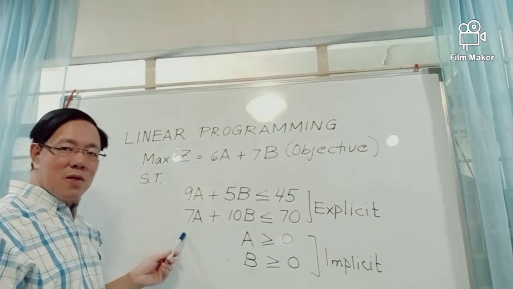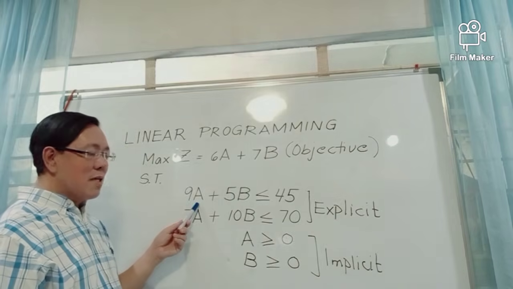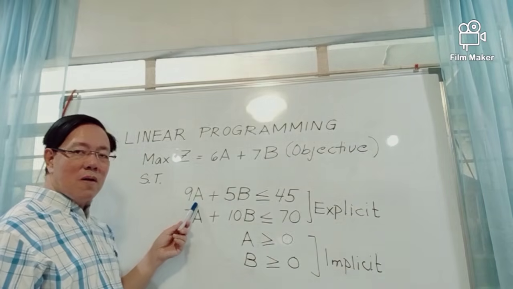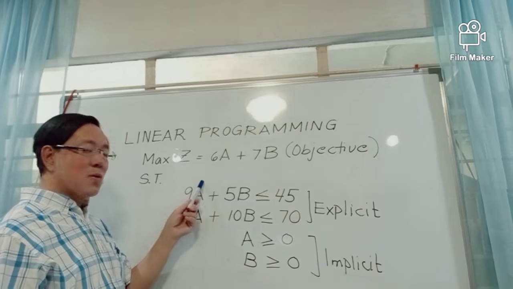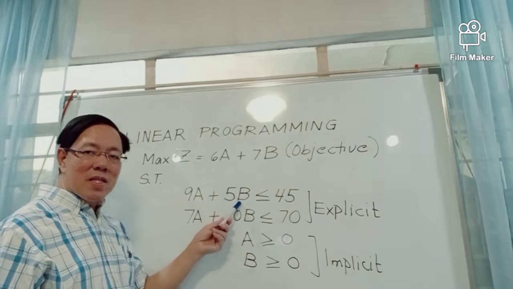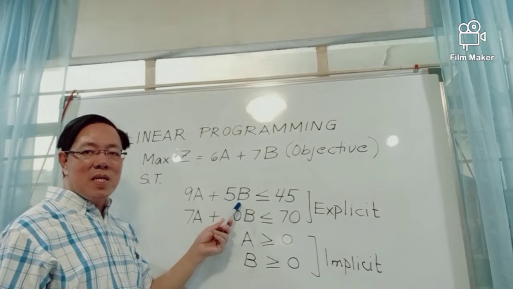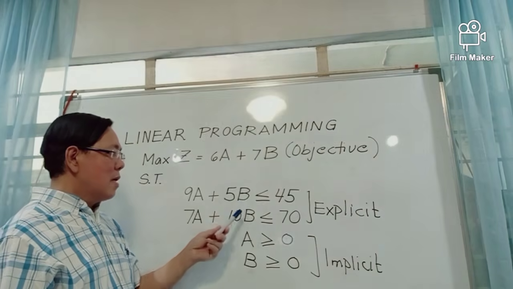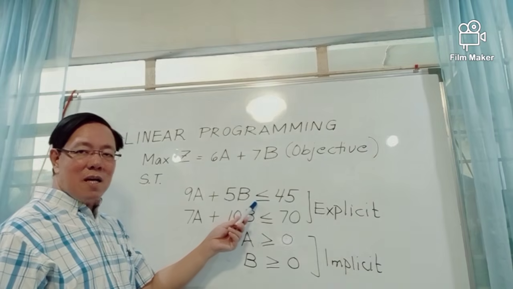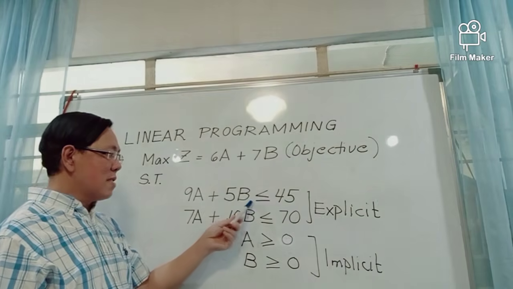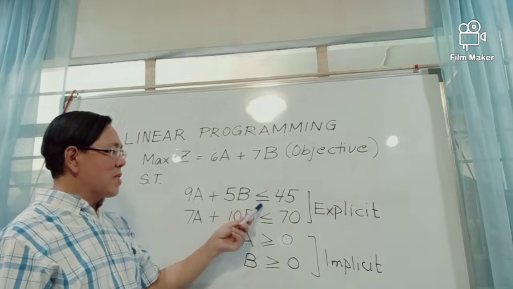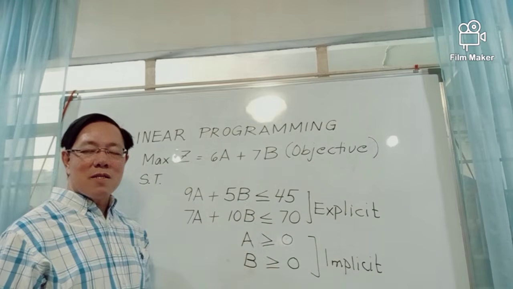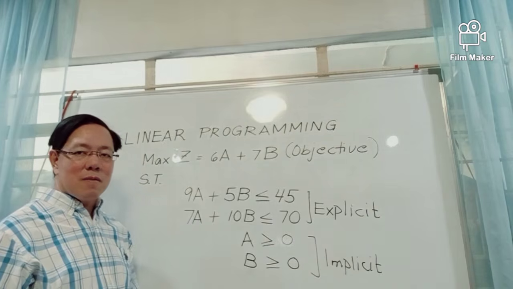In the explicit constraints, you can see that the exponent of A is 1. The exponent of the decision variable B is 1. And we have the less than sign in this constraint. So this explicit constraint is known as a linear inequality.